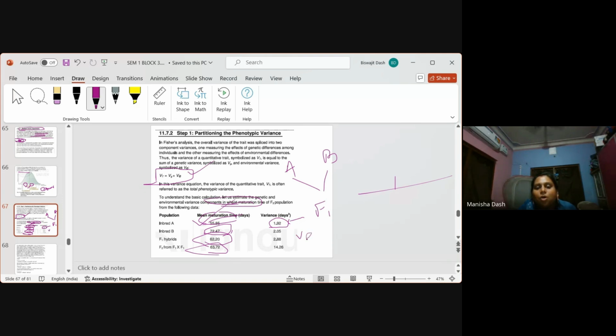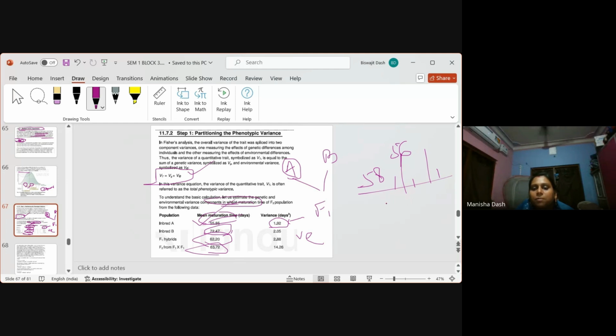Why? Because all the wheat plants in inbred line A are genetically identical to each other. If the maturation time of this plant is, let's say, 56 days, and another plant takes 58 days to mature, the difference is only because of the environment.